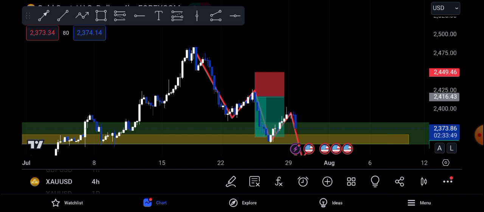How much are you willing to lose in this trade? Because loss is inevitable in trading. How much are you willing to lose in this trade? That is another question you need to ask yourself. Are you willing to risk $100 or $200?